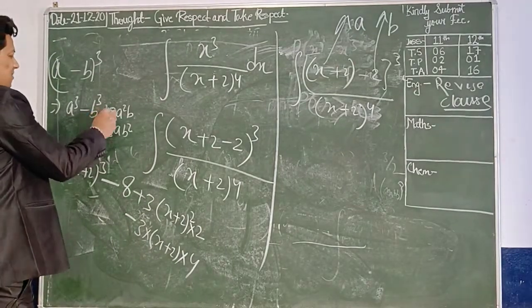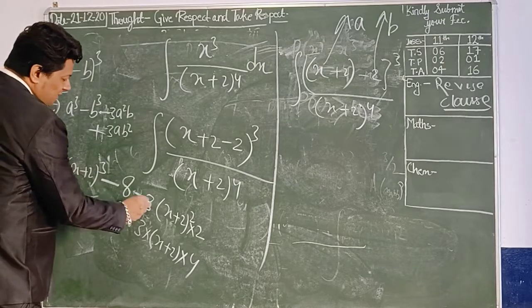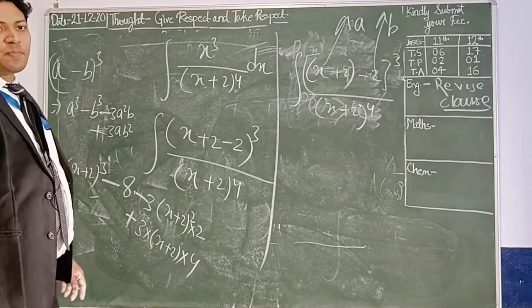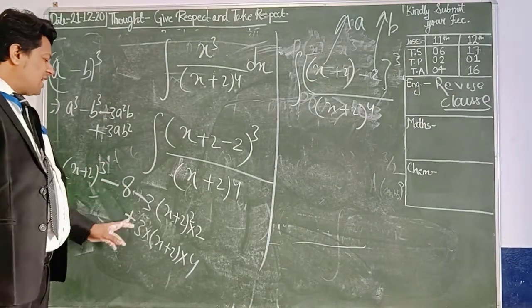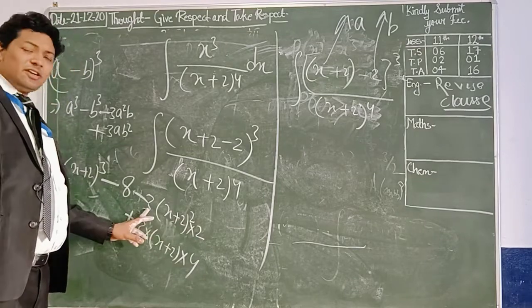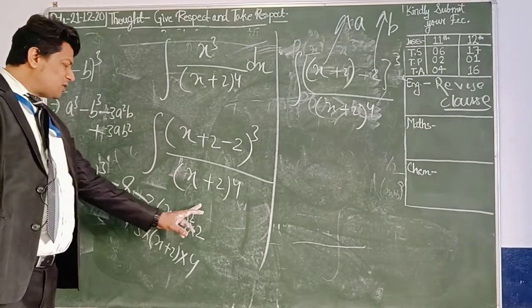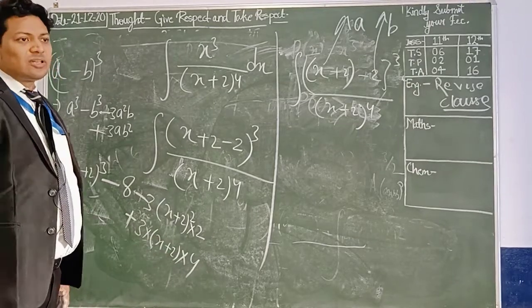Right? Is it clear? So what will come? X plus 2 whole cube minus 8 plus 6 x plus 2 whole square, minus 12 x plus 2. Is it clear?